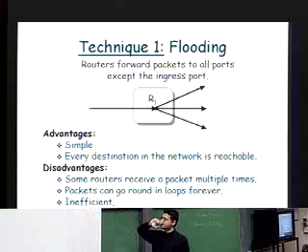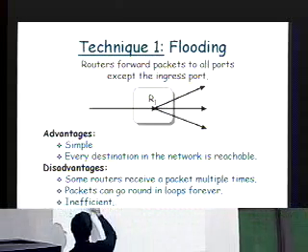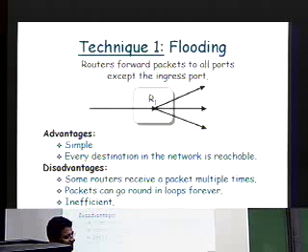So what flooding does is, suppose you get some packet on your ingress link, then what you're going to do is simply flood or replicate the packet on all of your outgoing links. So instead of choosing a path, you're choosing all the paths.